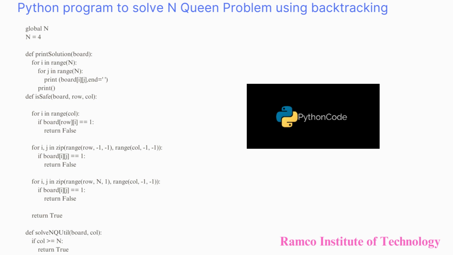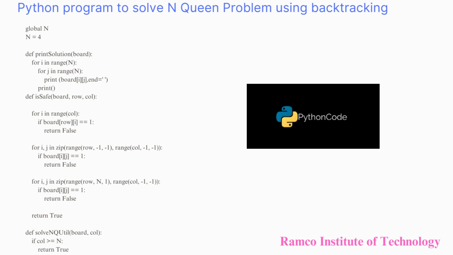And define the isSafe function with 3 parameters such as board, row and column. In this function, check the row on left side and check the upper diagonal and lower diagonal. If we satisfy all the conditions, it returns the true value, otherwise it returns the false value.